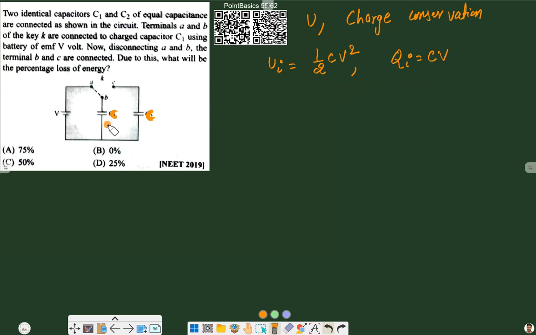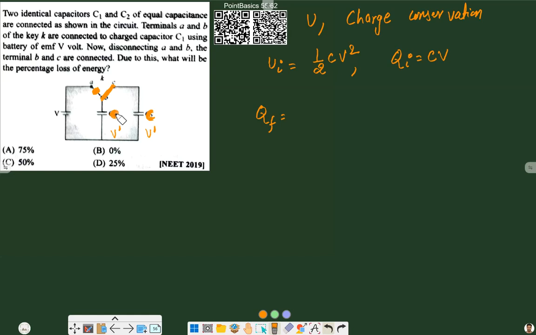Now suppose their final potential is V dash, when we have disconnected A and B and have connected B and C. When we connect B and C, there will be charge redistribution, some current will flow, and there will be some final potential, after which system will go to equilibrium, and there will be no further charge flow or current flow. And suppose that potential is V dash. Now in that scenario, final charge will be due to this capacitance plus this capacitance.